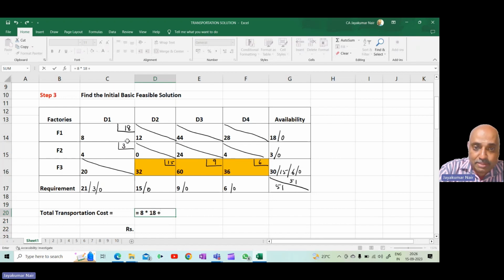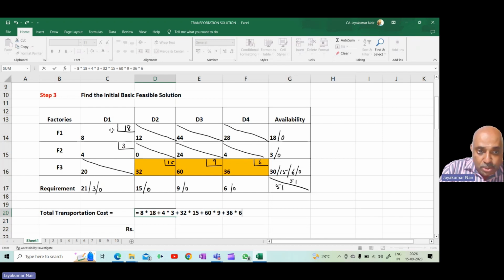18. Similarly, 4 units into 3 plus 32 units into 15 plus 60 units into 9, plus 16 into 9 plus 36 into 6.